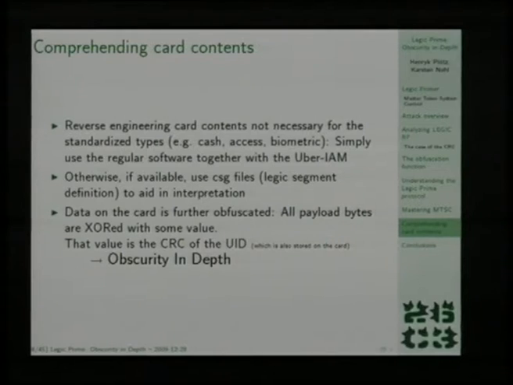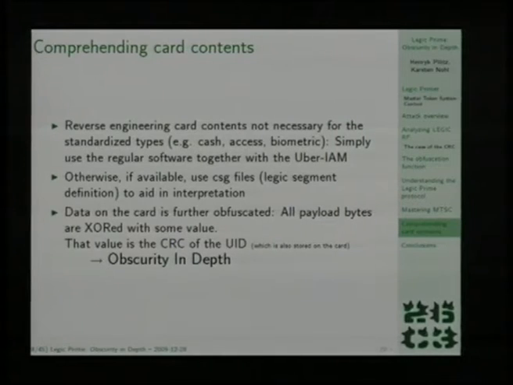Otherwise, there's a standard segment definition format available that you can use to understand the card format. And even if that isn't available, such as for the Mensa in München, I think, you can just look at the raw card contents that you'll get from your reader.